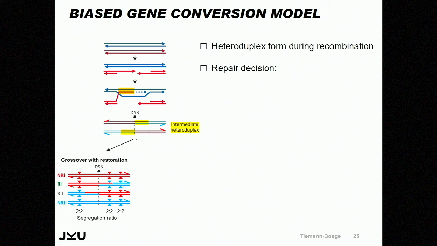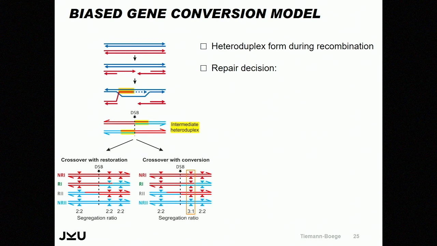Mendel's prediction would be that it removes it such that at the end we have an equal distribution of alleles, so that you have a 50-50 segregation of the alleles. But what we often see is that there is a preferential repair of one allele over the other. And this is what we call biased gene repair or biased gene conversion.